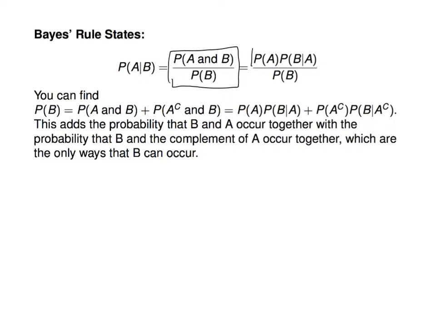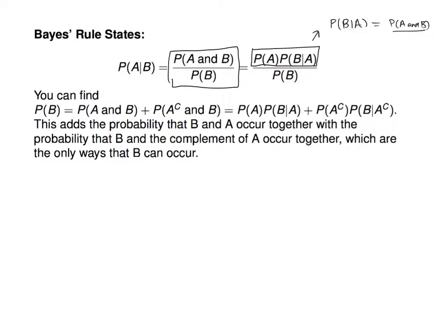This next thing comes from, we know P of B given A is equal to P of A and B over P of, wait. No, that's right, I said that wrong. What should be in my denominator then?